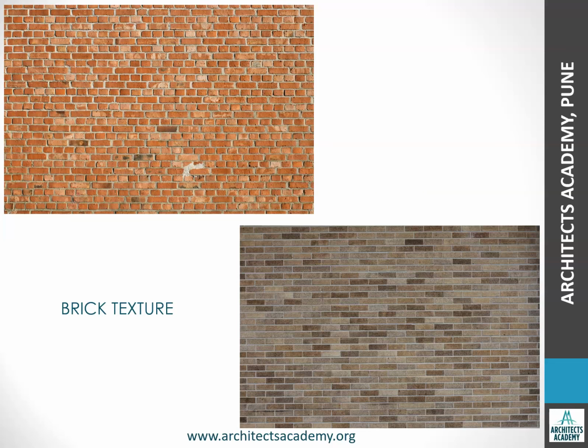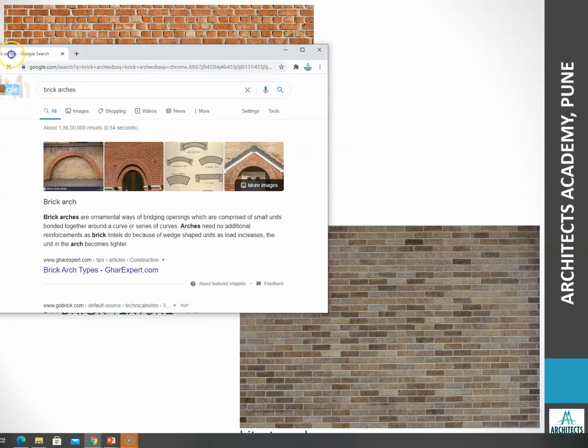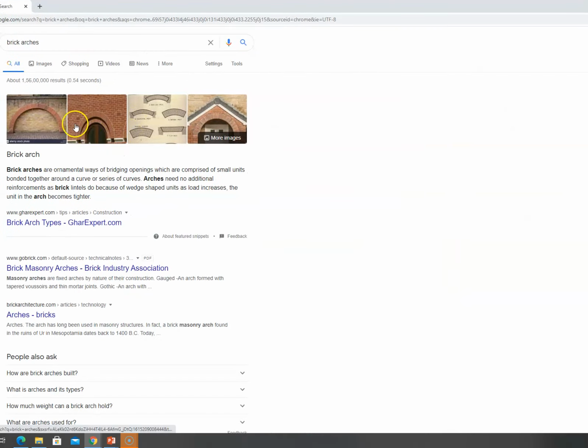Okay, just give me a minute. Brick arches. Yes, great. I have found an example here. That will enhance your understanding. Something of this type, a semicircular opening, will be called an arch.